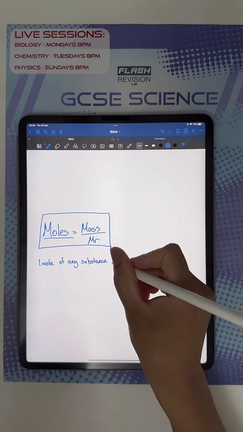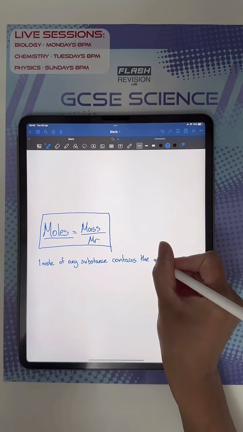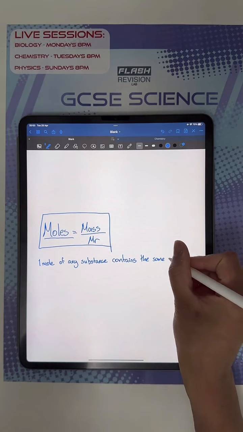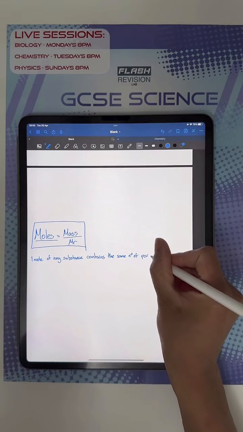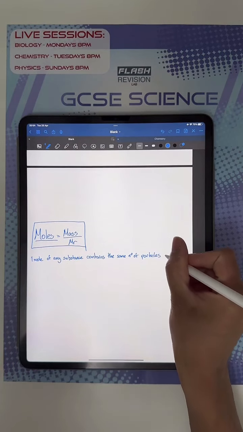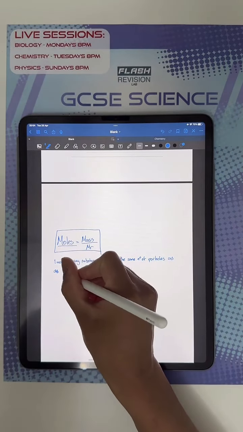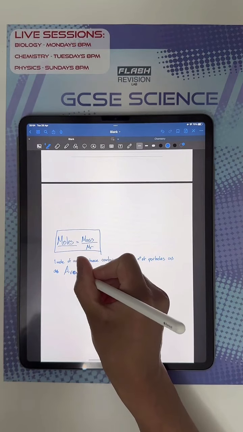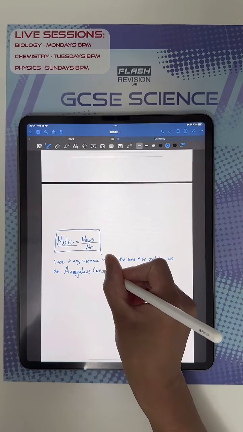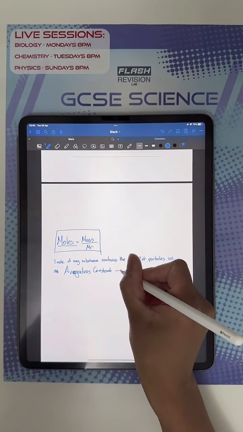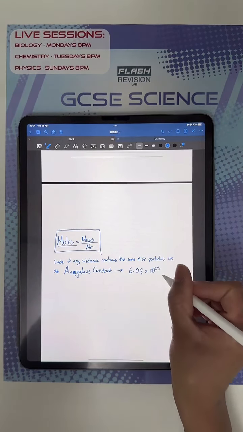So 1 mole of any substance contains the same number of particles as Avogadro's constant, and that is 6.02 times 10 to the 23.